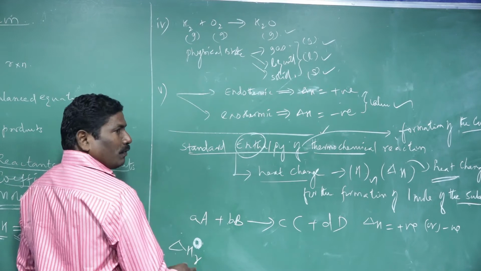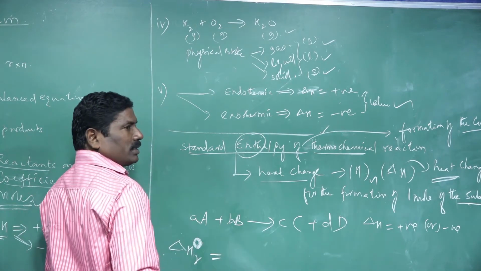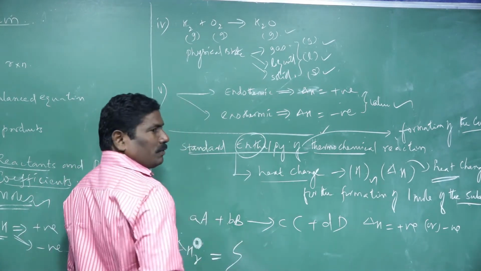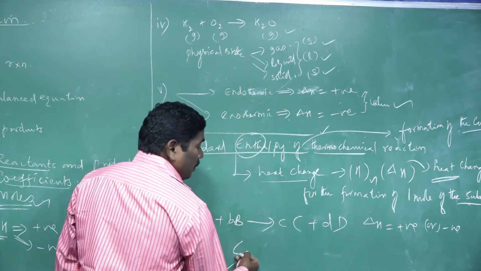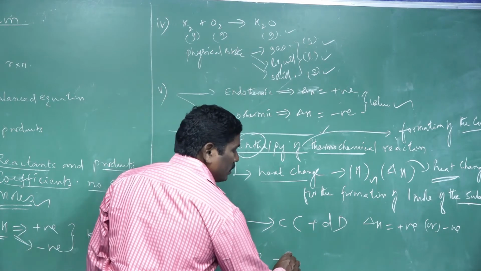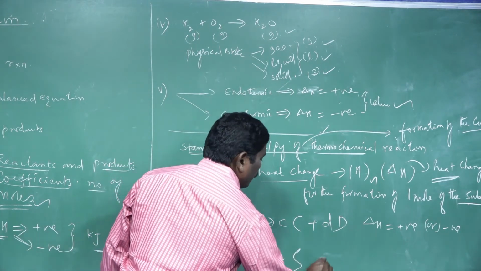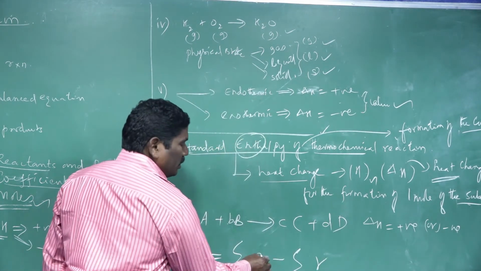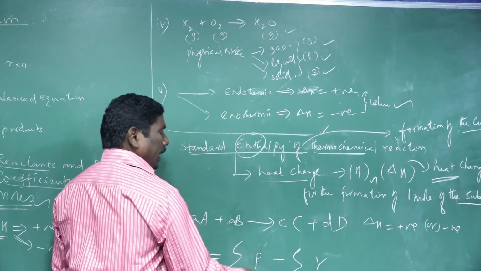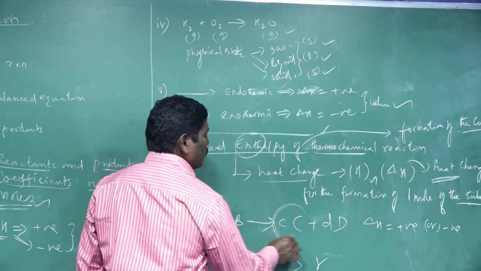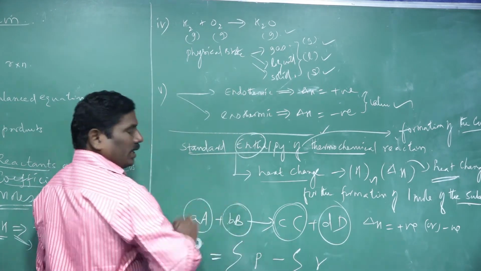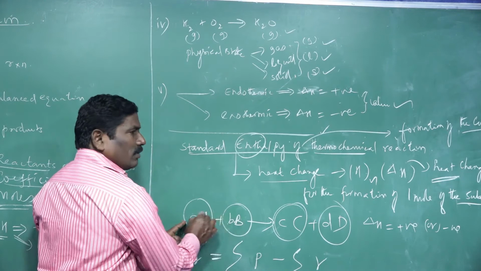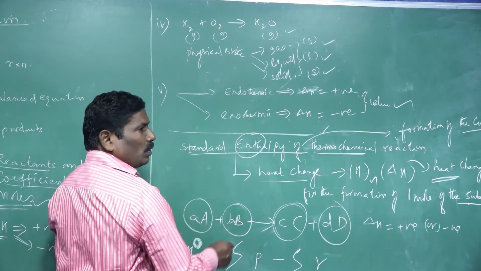Now delta H of the reaction is equal to the summation of products minus the summation of reactants. The products are what is formed in this reaction, and the reactants are what is involved in this reaction. These formation values each have their own values.